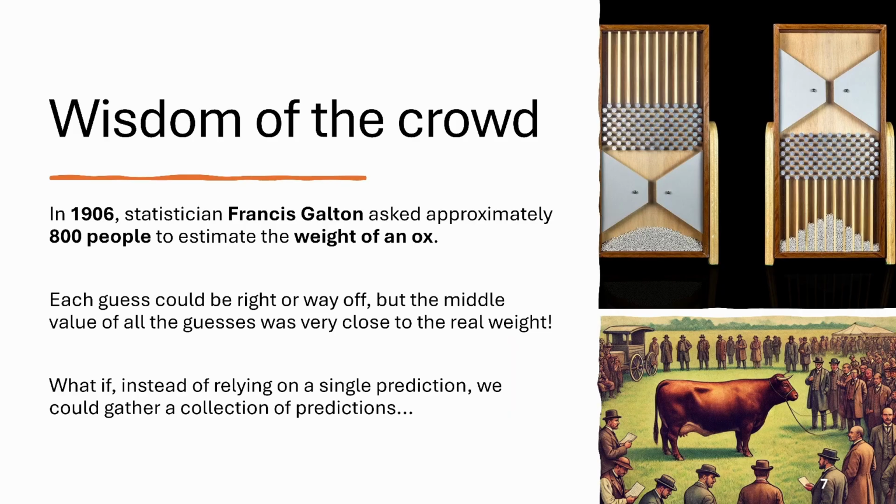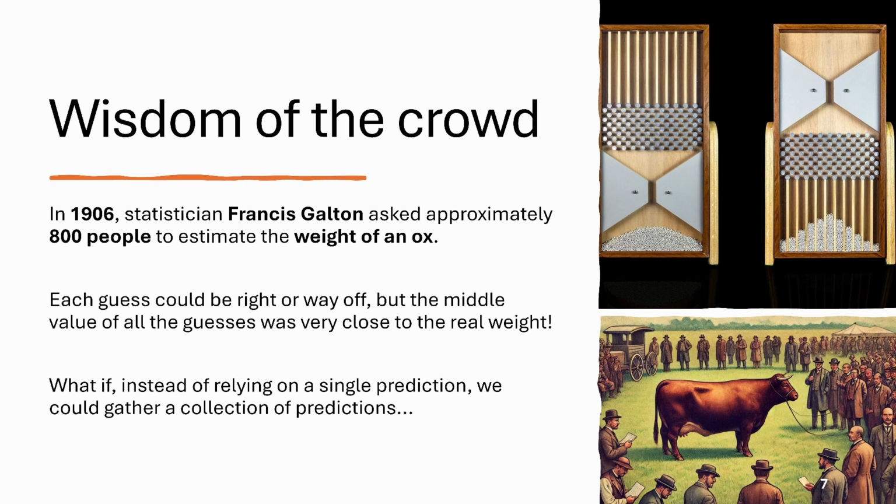Let us have a small illustration of the ensemble approaches. The wisdom of the crowd demonstrates how diversity in predictions improves accuracy. For example, in the 1906 experiment by Francis Galton, when 800 people guessed the weight of a cow or an ox, the average guess was remarkably accurate, even though individual guesses varied wildly.